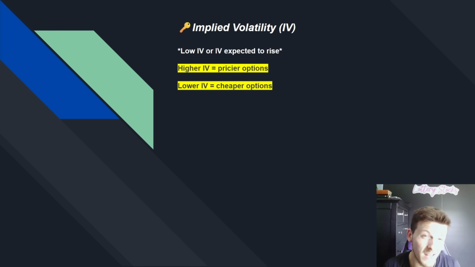Too high, depending on the play, it could be a short squeeze, it could be a major catalyst or event happening, earnings, right? And IV could be 150% to 450%, right? Those implied volatilities are too high. That means you are paying an insanely high premium to even get into the contract.